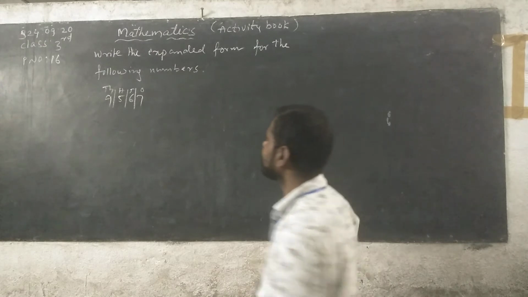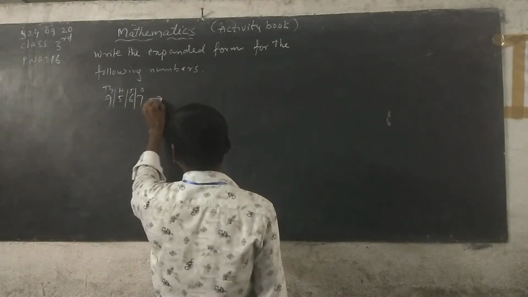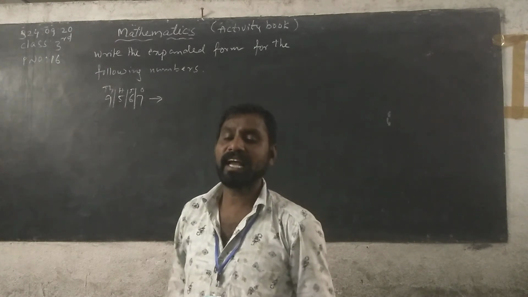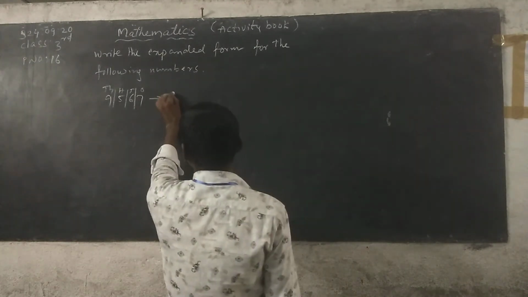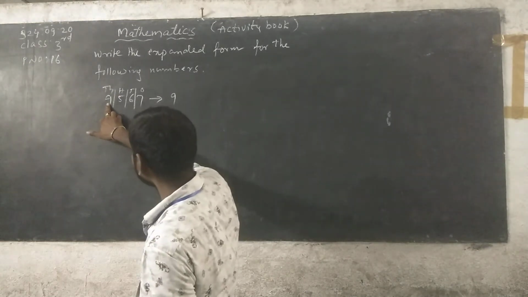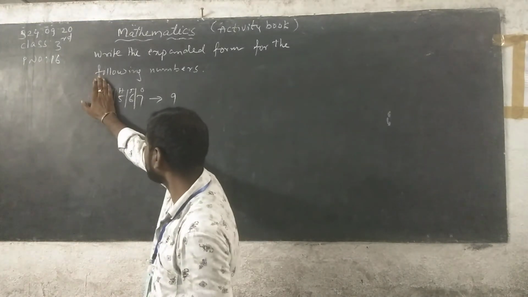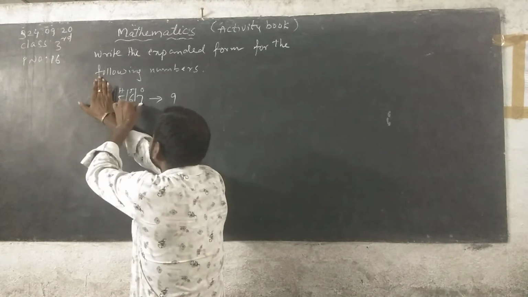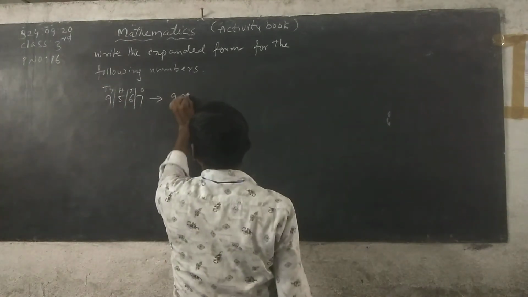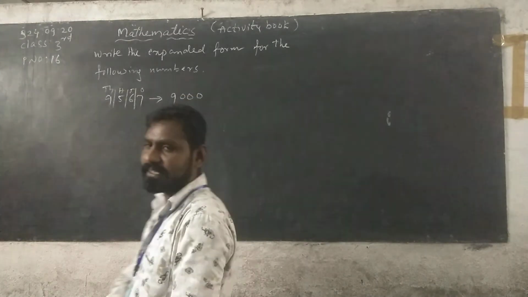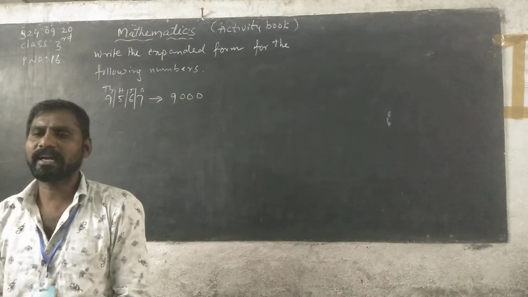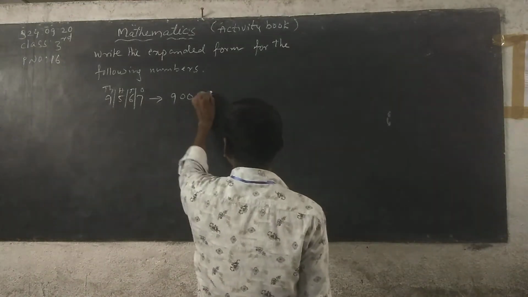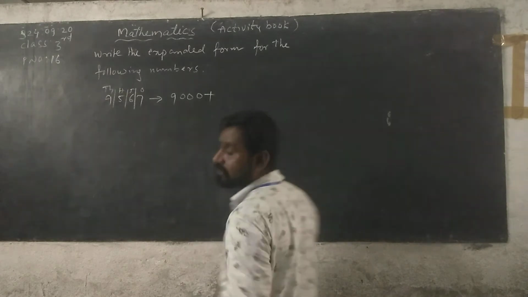So you can write the expanded form. 9 is in the thousands place, so 9 thousands. 9 after how many zeros can you write? 9 after 3 zeros. 9 is in the thousands place, so it can be written as 9000. Next, 5 is in the hundreds place, 500.